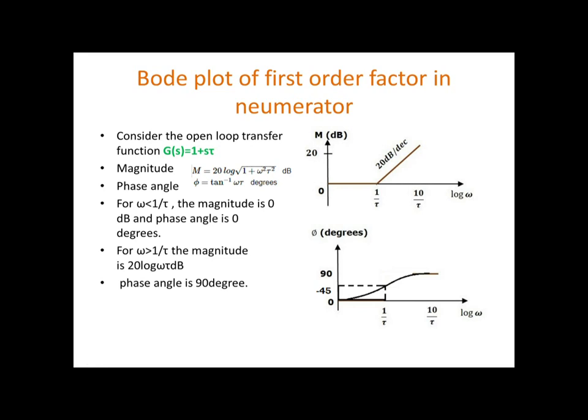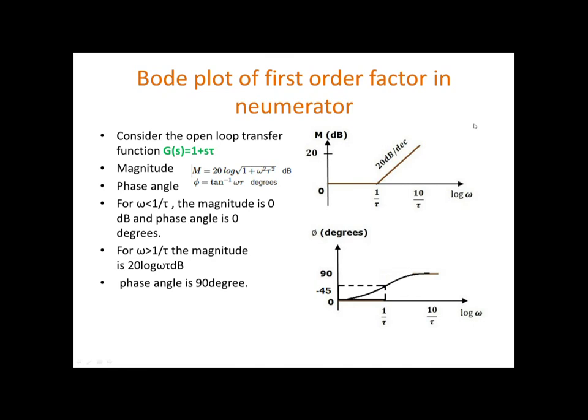That means for ωτ less than 1, the magnitude plot is a horizontal line of 0 magnitude for the low frequency region, and for ωτ greater than 1, the magnitude plot is a straight line with a slope of 20 dB per decade. These two asymptotes meet at the corner frequency point at ω equal to 1/τ.